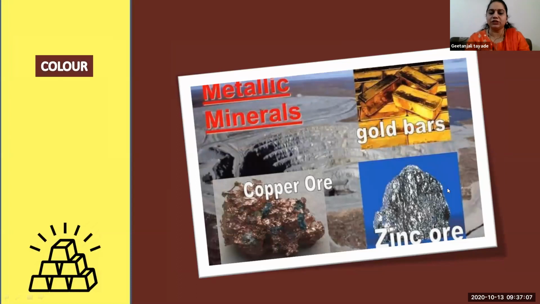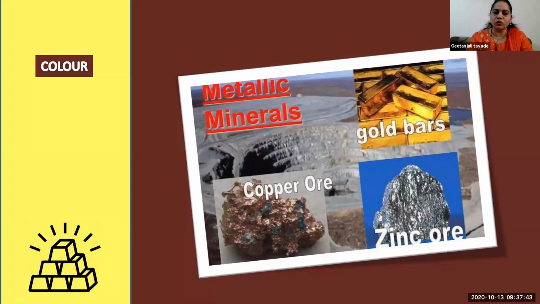Then the colors. See, there are different colors present, and each metal has its own unique color, and from that only we can easily identify it. For example, gold has a very good yellow luster, zinc is a whitish color, copper has a copper brown, golden yellow, silvery white. So these metals have a unique color and luster.